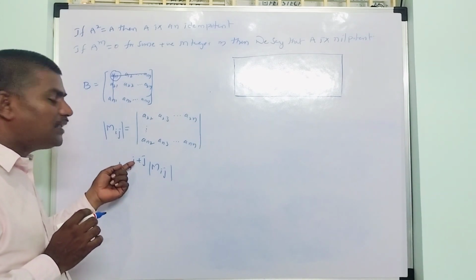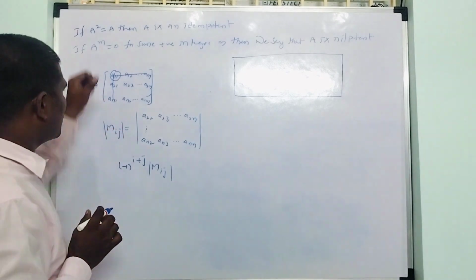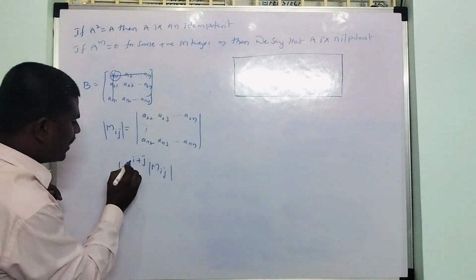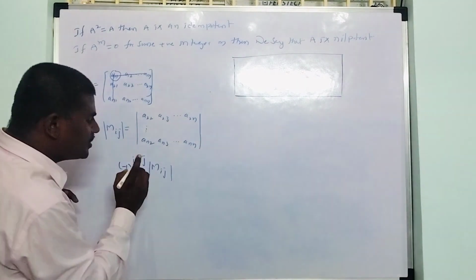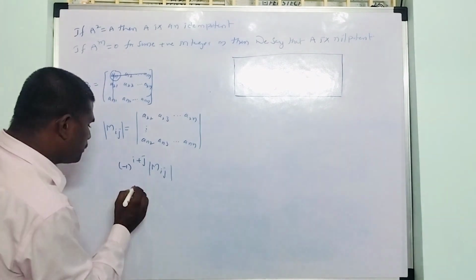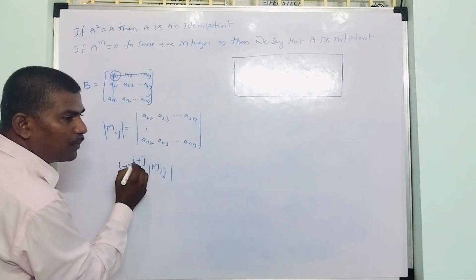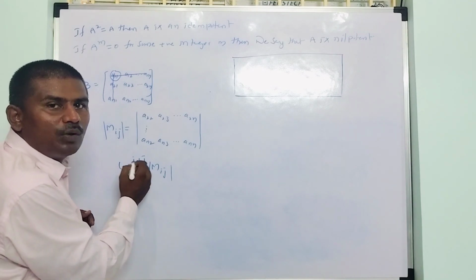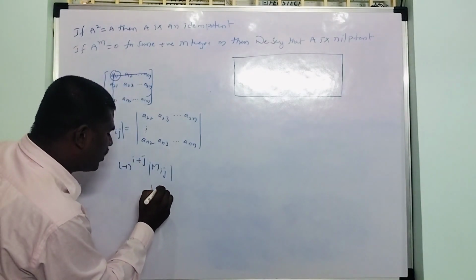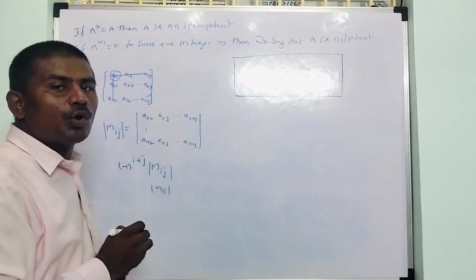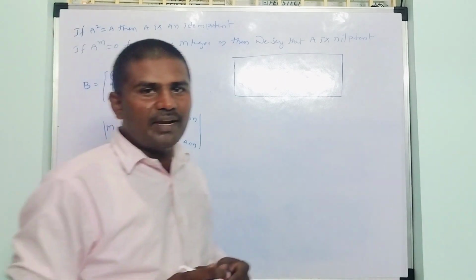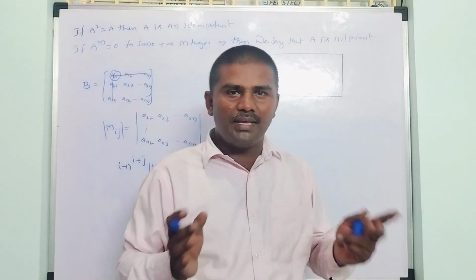That means in which place is the element? If it is in the first row and first column, then you put i as 1 and j as 1, and your minor is also M11. That means minus 1 to the power of 1 plus 1, which is 2, minus 1 whole square, which is 1, into the minor M11, is your cofactor of the element A11. Similarly, you can find the cofactors of the remaining elements also.